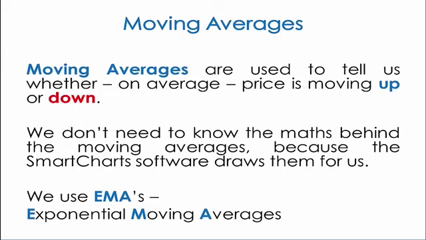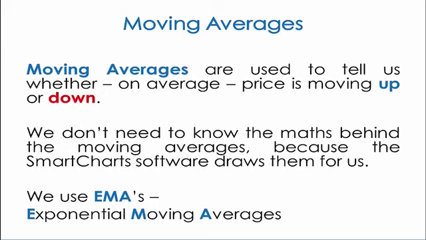Now, a simple average would just be to add up the last 20 bars, for example, and divide by 20. But that's not what we do. We use something called EMAs, exponential moving averages. Now, the biggest difference between EMAs and anything else is the way that they average out the data.